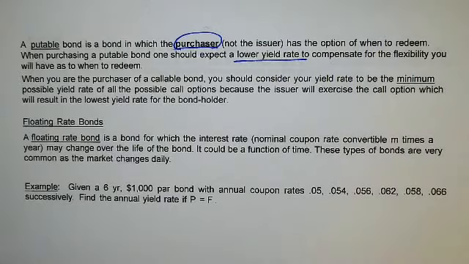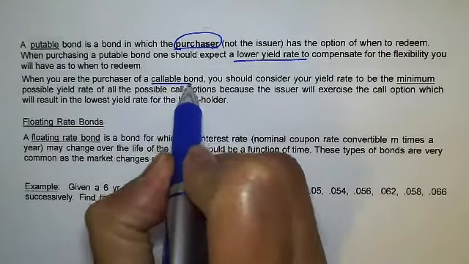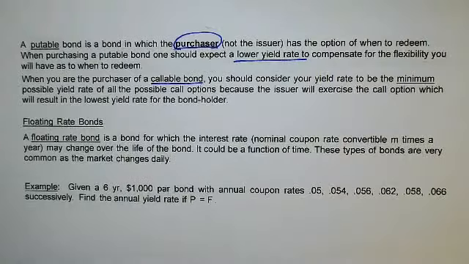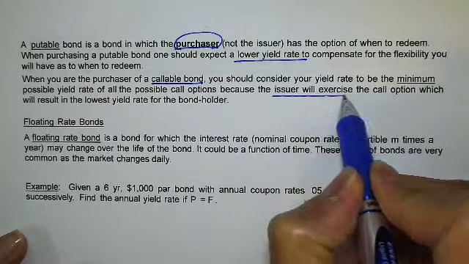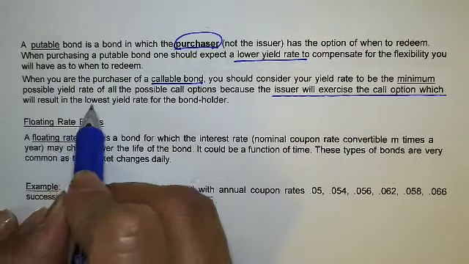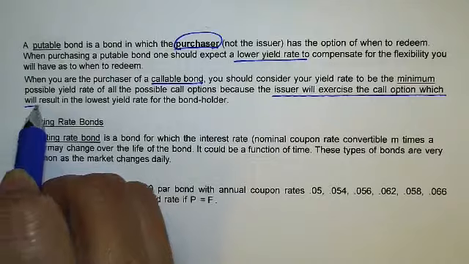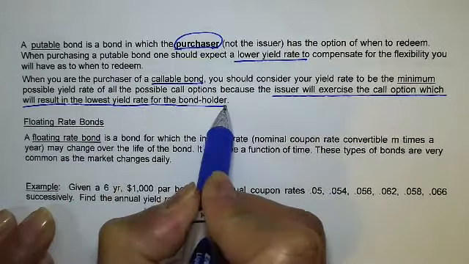When you are the purchaser of a callable bond, on the other hand, you should consider your yield rate to be the minimum possible yield rate of all the possible call options, because the issuer will exercise the call option which will result in the lowest yield rate for you.